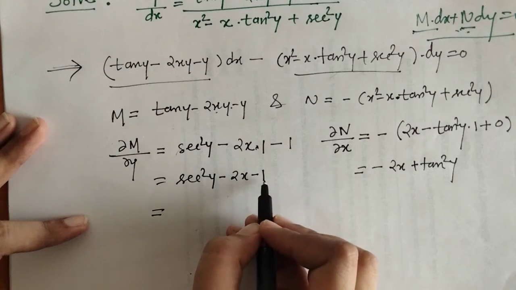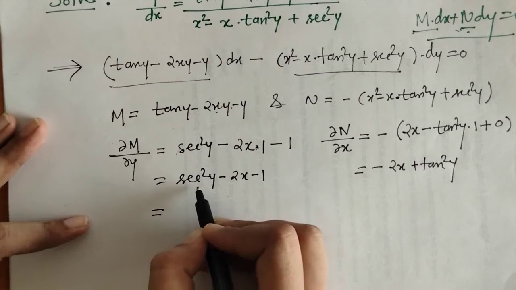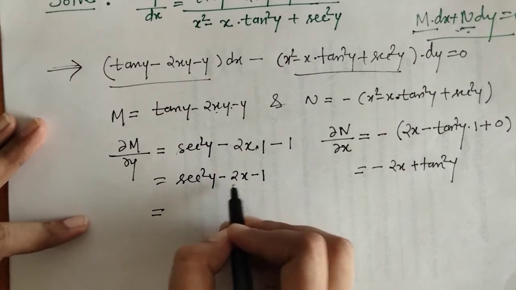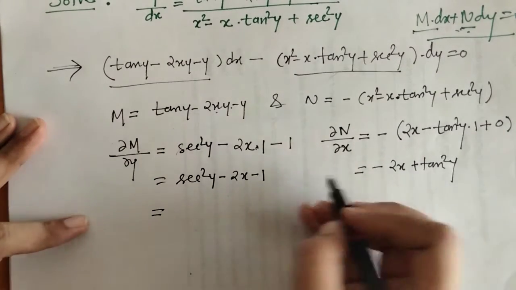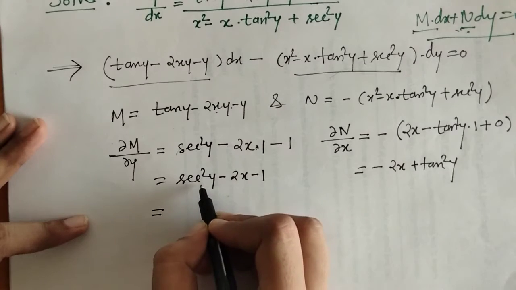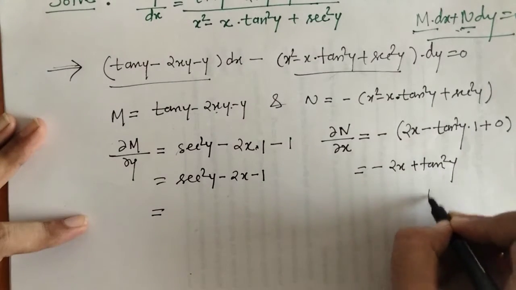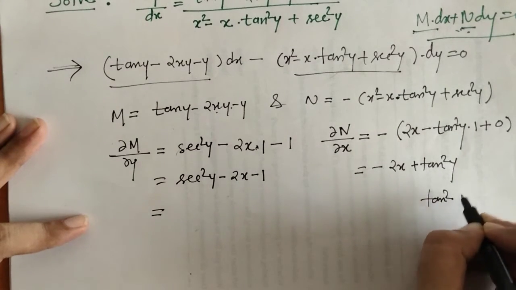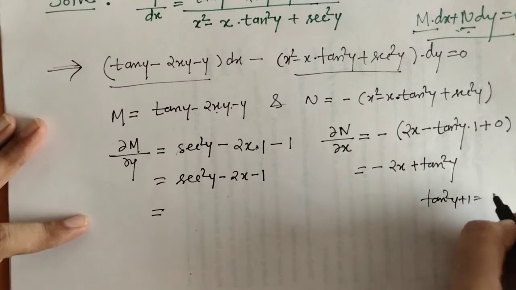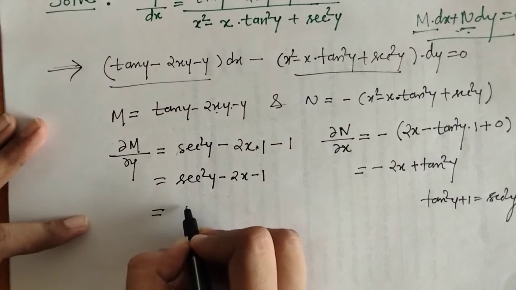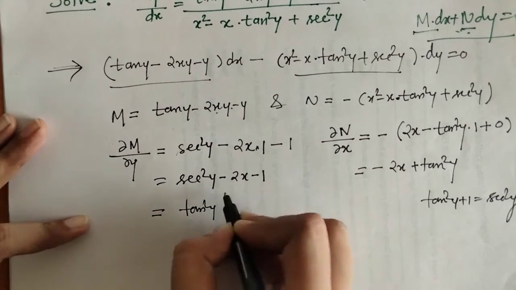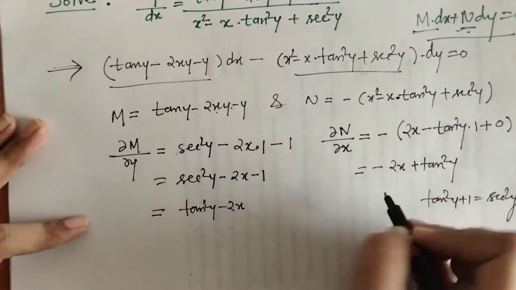We can check that here we have sec square y minus 1, and here we have tan square y. So we can write this value using the identity tan square y plus 1 equals sec square y. So we got this value here, tan square y minus twice x.